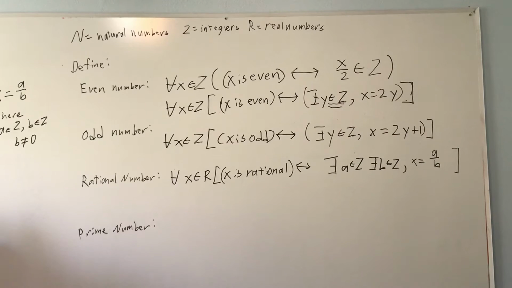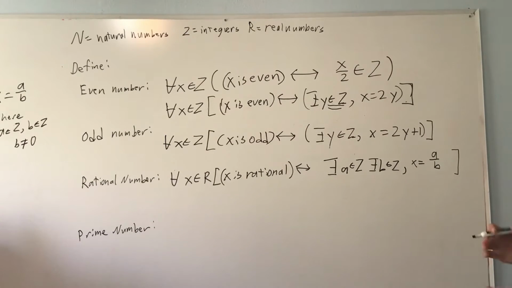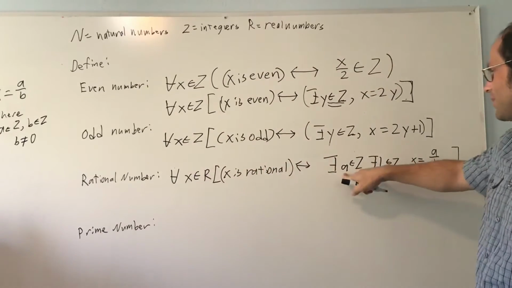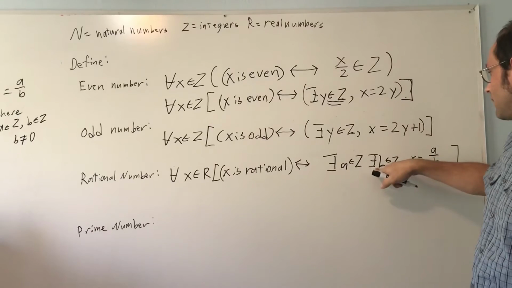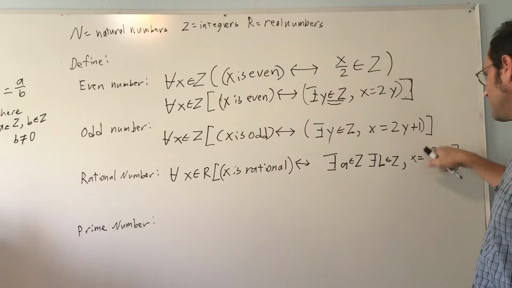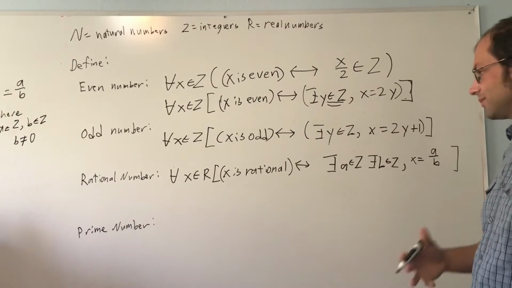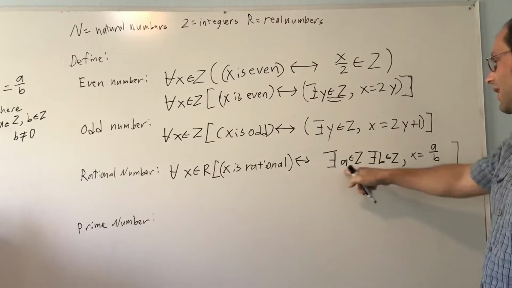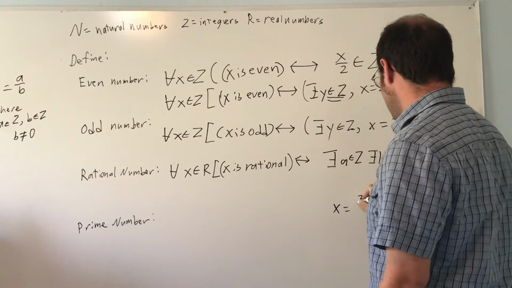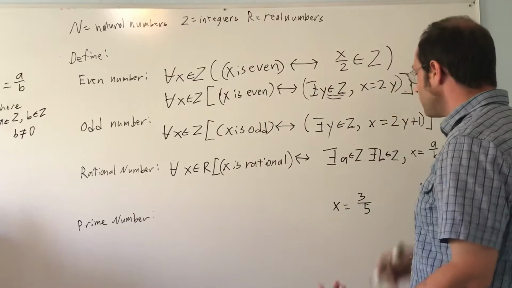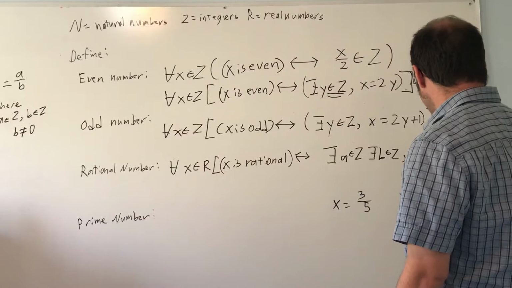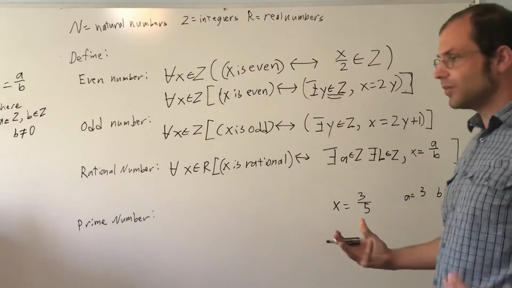All right? So if we look at what happens here, if x is a rational number, then there exists some number a that can be paired with some number b such that x is equal to a divided by b. All right? It doesn't have to be unique. For instance, say that we had that x is equal to 3 over 5. You could have that a equals 3 and b equals 5. That's the simplest way.